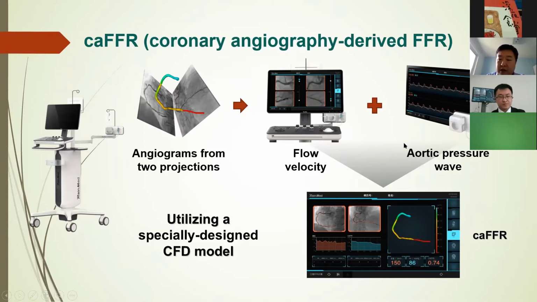Using this, we can get the instantaneous aortic pressure waveform and then put the waveform into the console. In combination with the angiogram data, we can use a specially designed CFD model to calculate the pressure drop from the inlet down to the most distal part. In this case, we found it is very accurate.